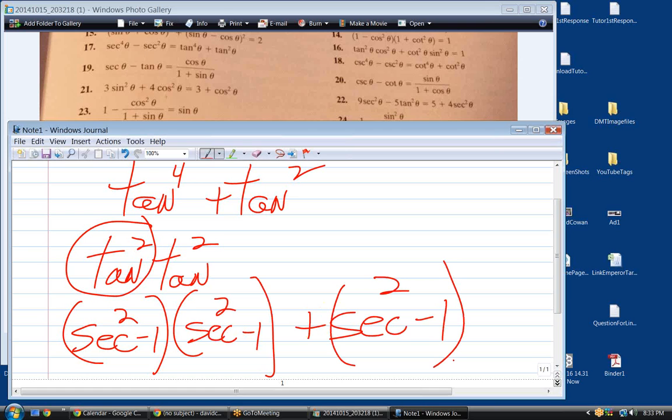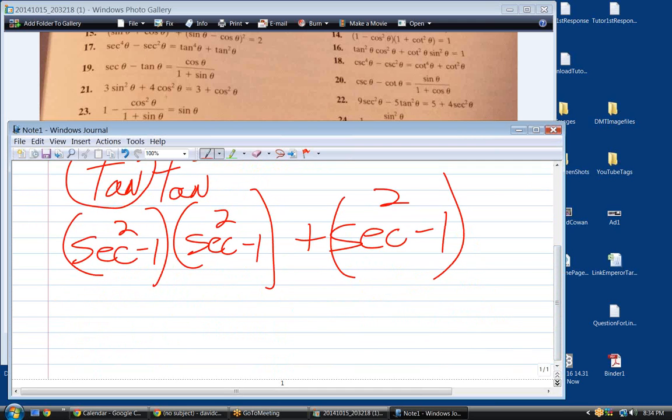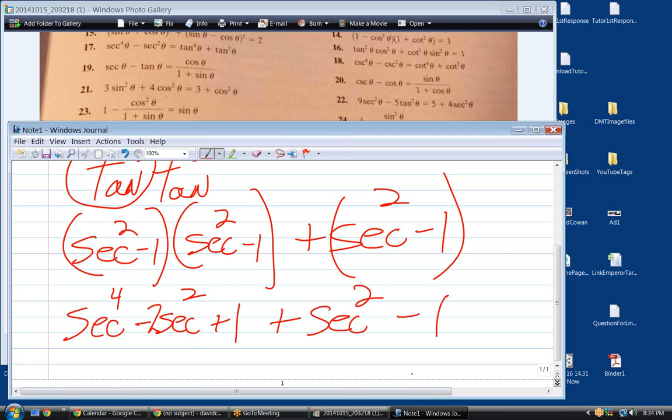So all I've done is converted the entire tan into a bunch of secants. Okay, when I multiply the left side out, I get secant fourth minus secant squared minus 2 secant squareds plus 1 plus a secant squared minus 1.